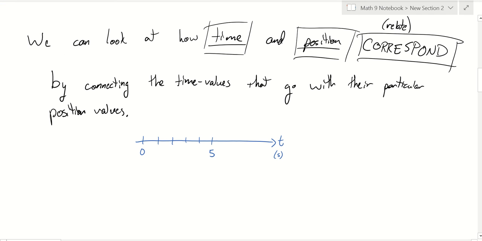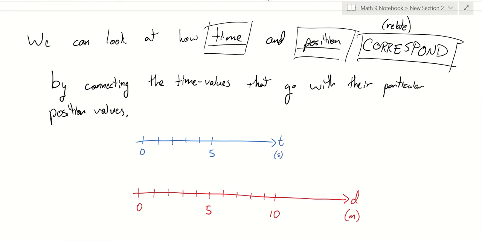And then in my red number line, here I have my position axis or position number line, measuring in meters, starting at 0 and then going 1, 2, 3, 4, 5, 6, 7, 8, 9, 10. So that represents 10. This represents 5.